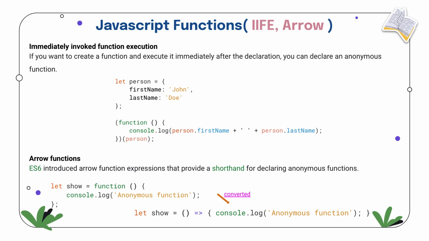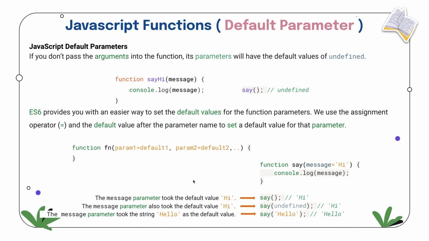When we study objects in detail, I'll come back to function expressions and arrow functions and discuss more. As of now, just understand it's a shorthand syntax and an easier way to write functions.